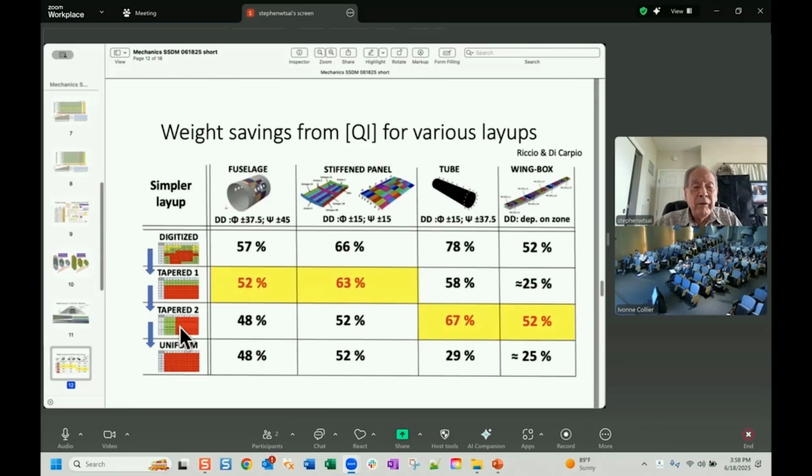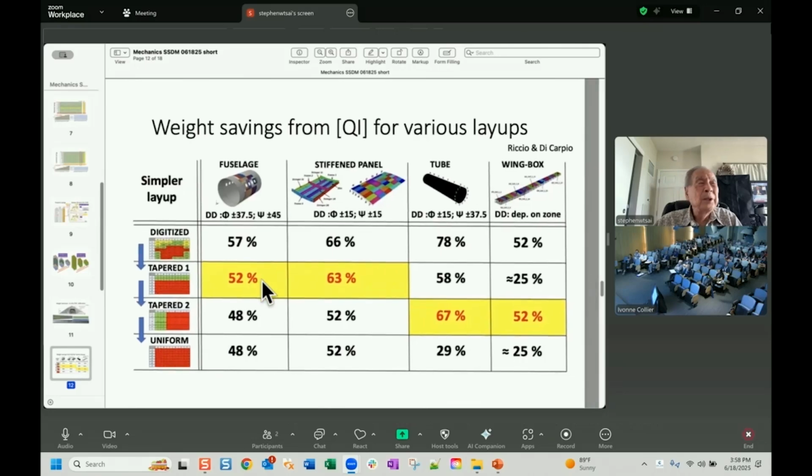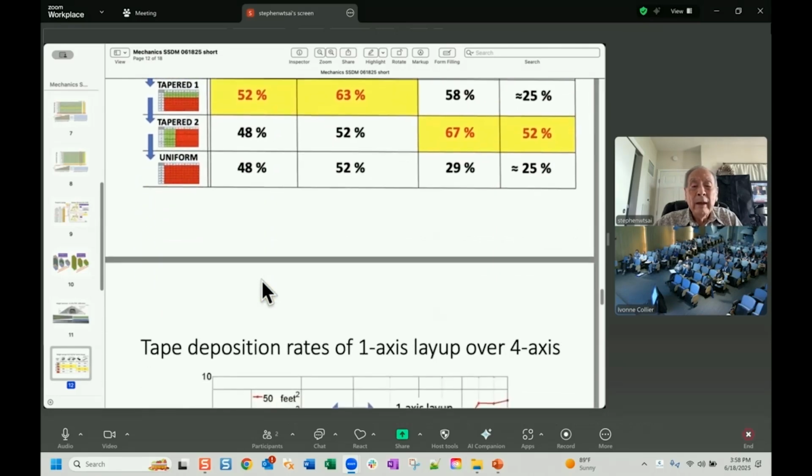And then there are different ways you can laminate. The best is to match the precise ply drop every place, but it's much easier if you do the ply drop along one axis or two axes. There are two ratios, or you can use a constant thickness, and you can see you give up little weight savings, but you gain much in ability to laminate.